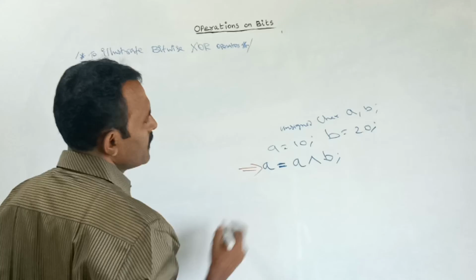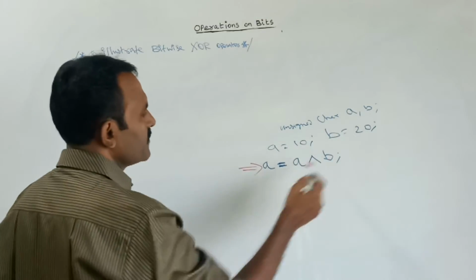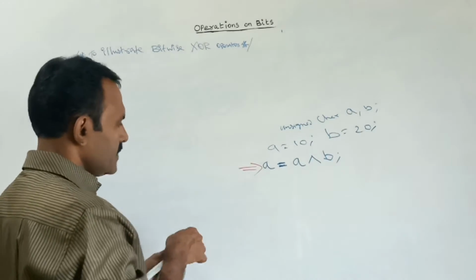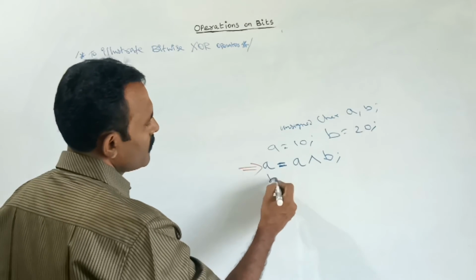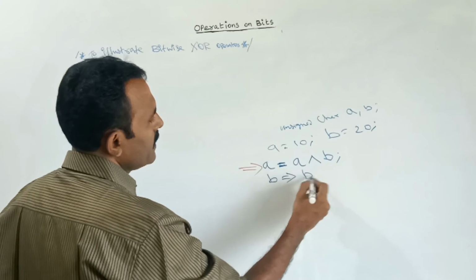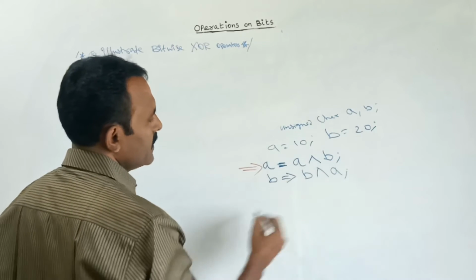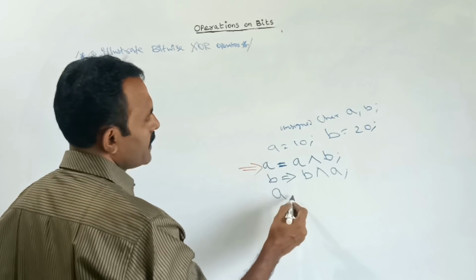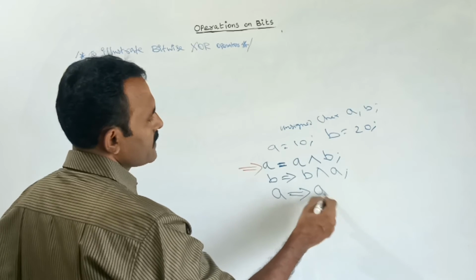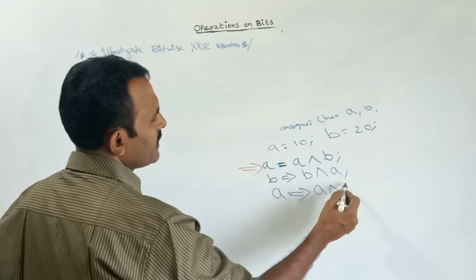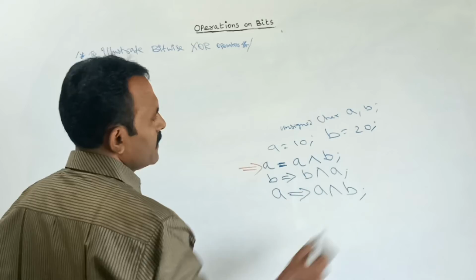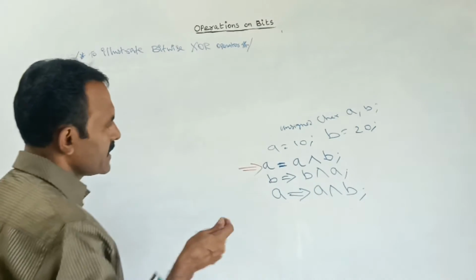First step: A is equal to A XORed with B. Second step: B is equal to B bitwise XORed with A. Third step: again I am XORing A with B. These are the three steps.